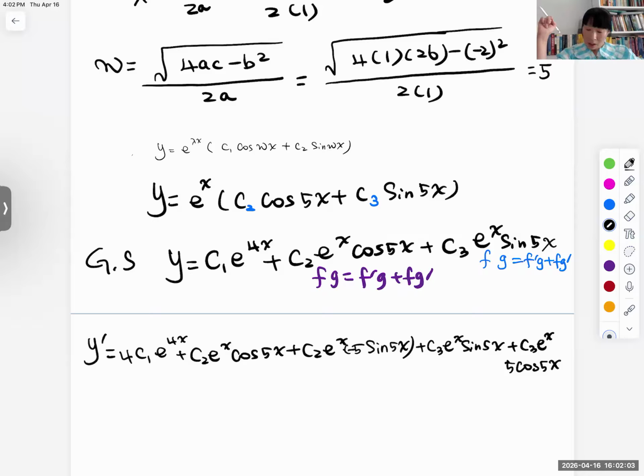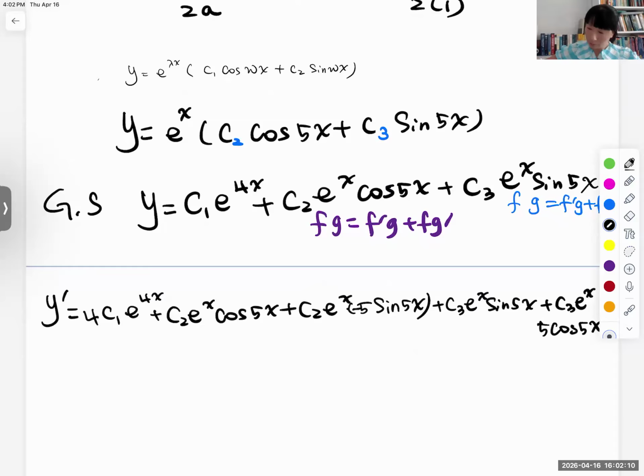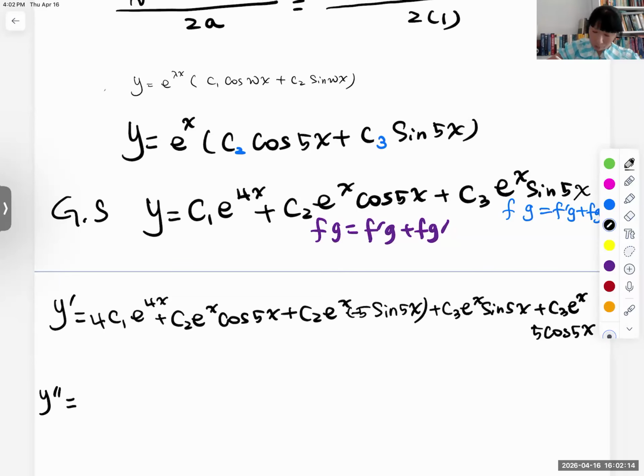Okay. All right. So y second prime. First term, 16 c sub 1 e to the 4x plus, okay, so fg equal to f prime g plus f g prime.